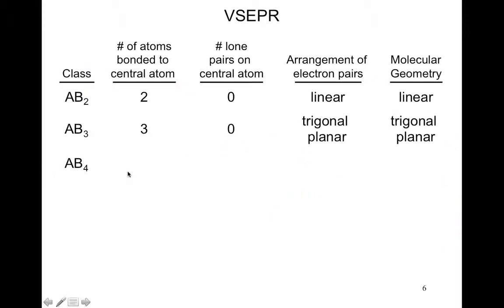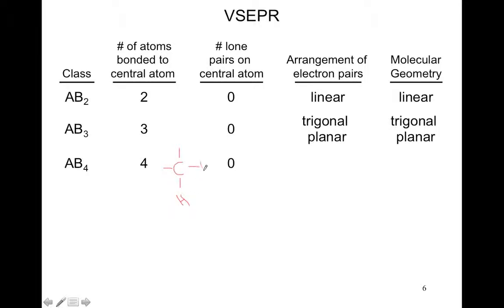So AB4. So we have 4 that are bonded to A, and 0 electron pairs. This could be like methane, maybe C in the middle, and then C's got 4 atoms around it, and they're all kind of equal distance away from each other.